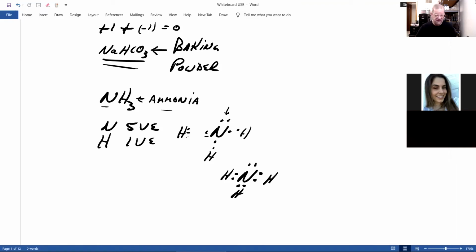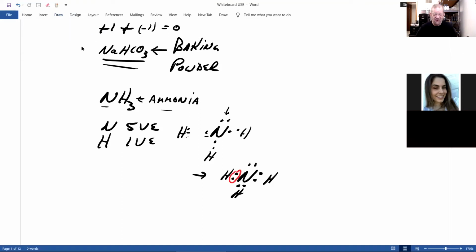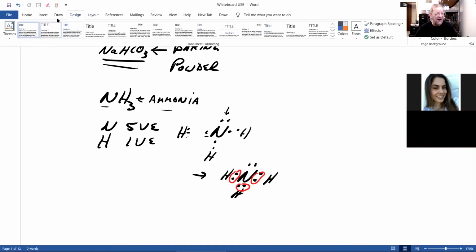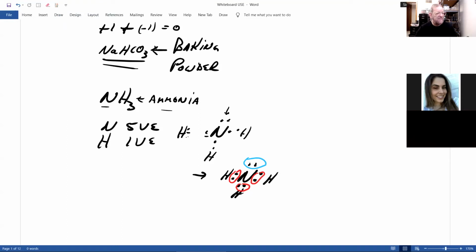Notice I have 3 hydrogens, 1 nitrogen. Why don't you circle first the bonded electrons in ammonia? Time's up. This is 1, this is 2, this is 3. And then the last pair on top, these are the non-bonded.